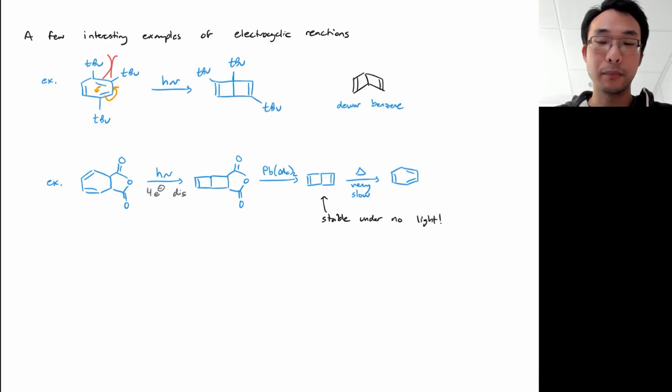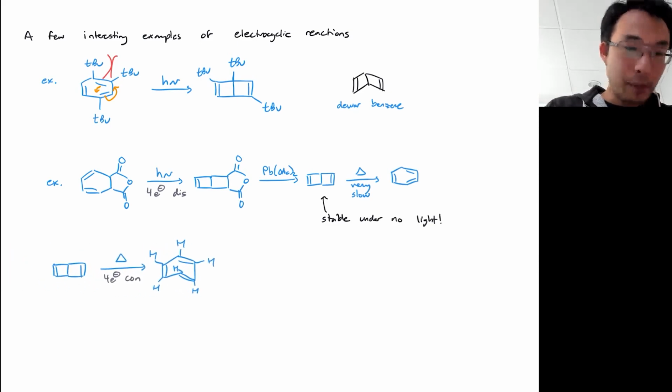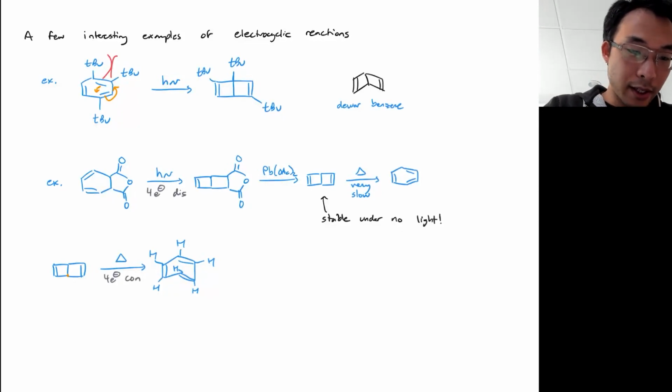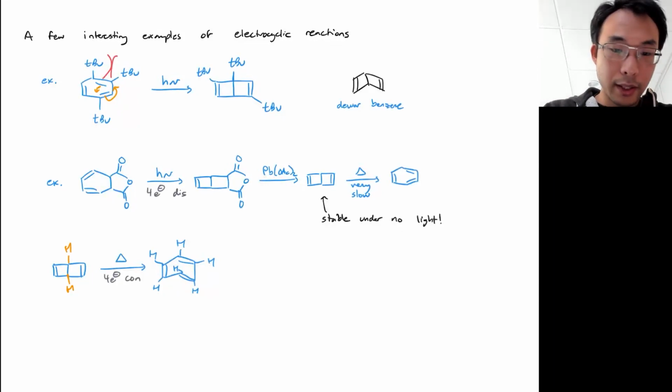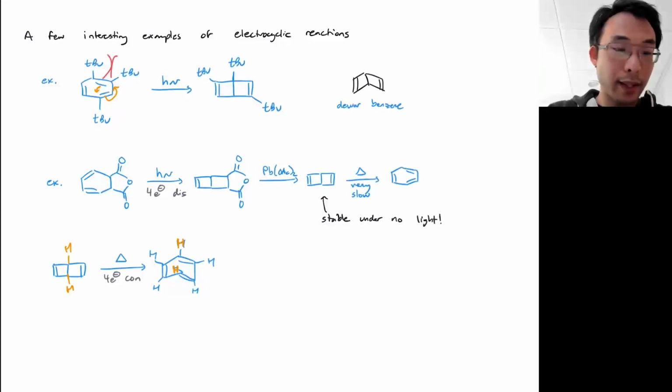And so if you take a look at this reaction, if you're doing the 4-electron conrotatory ring opening, the 2 hydrogens that are at the bridge end up as these 2 hydrogens here. Those have to rotate in a specific direction with respect to each other, and that forces this product to have one of the alkenes in the benzene being trans rather than cis. And of course you can imagine that this is actually not very possible to form at all.